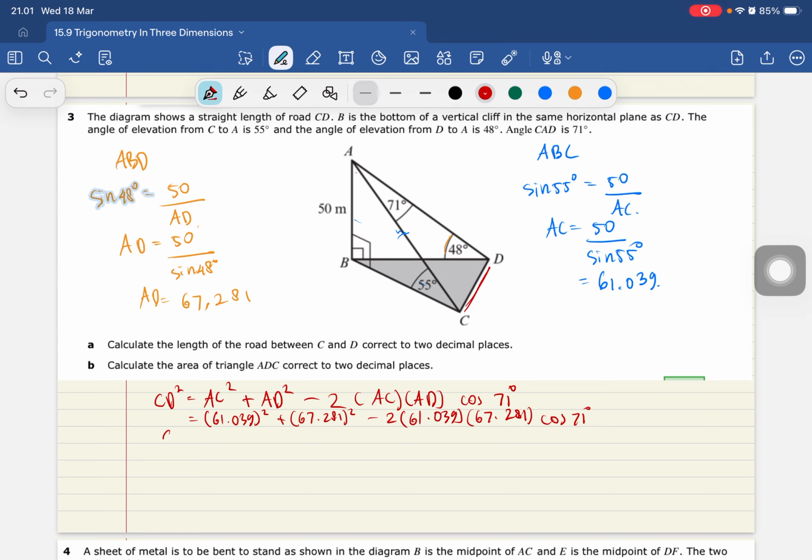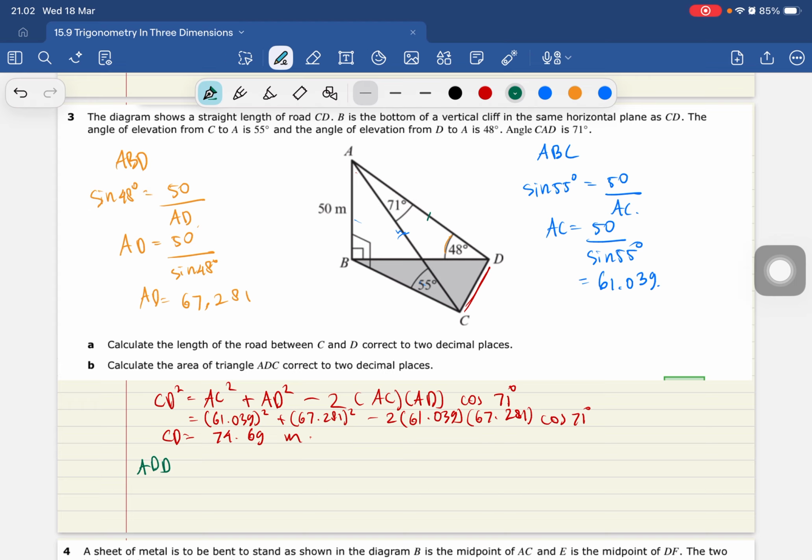Okay, and then the CD, you will get it after you use a calculator. It's equal to 74.69 meter.